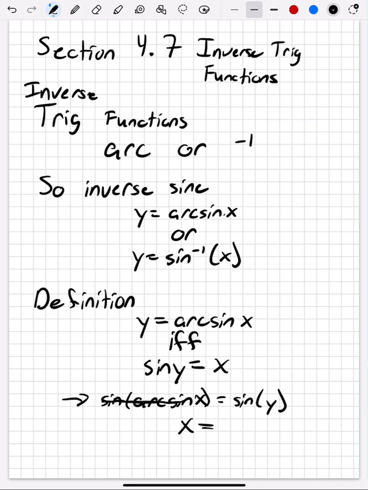And so then x is equal to the sine of y. Okay, so that's how we get rid of arc sine, is just by taking the sine. Vice versa, going in the other direction, to get rid of sine, you just take the arc sine or the inverse sine. Okay.